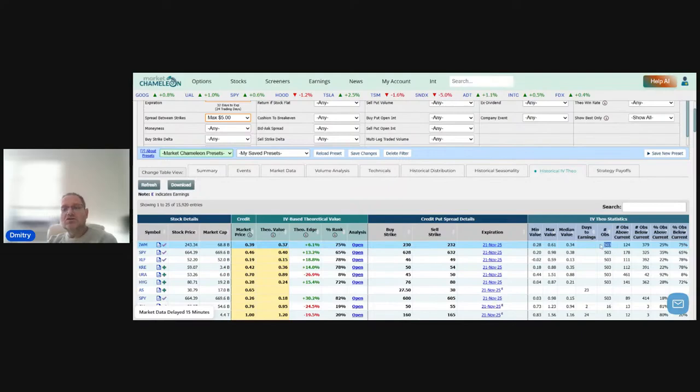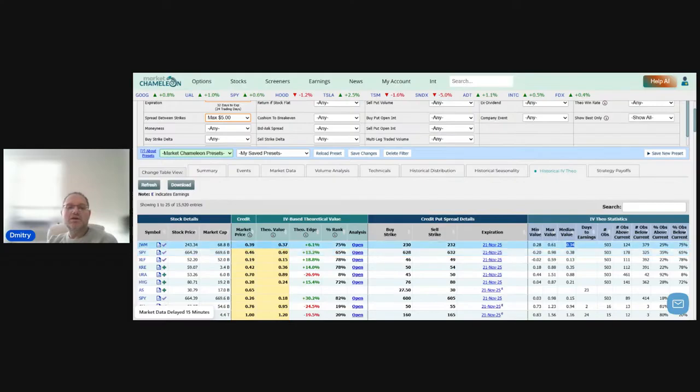This is looking at historically 503 observations. So the number of observations above 124, below 379. That's where we get the 25%, 75%. So now, based on the stats, we get the range and the median.